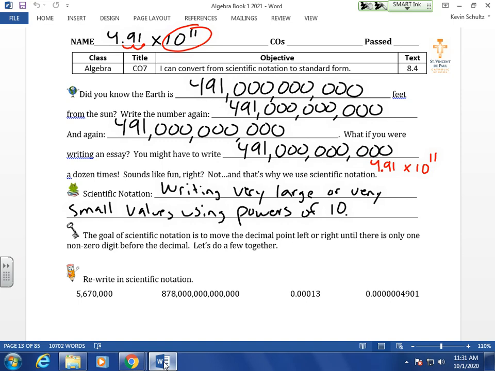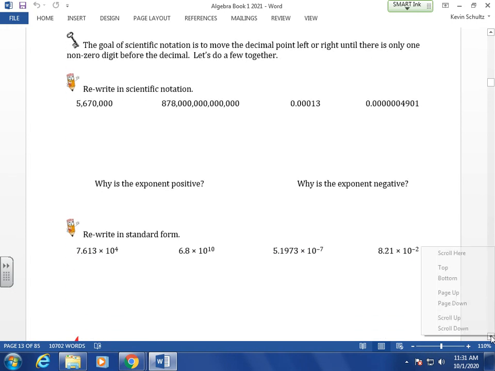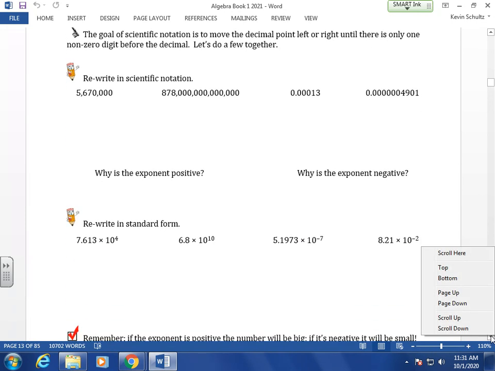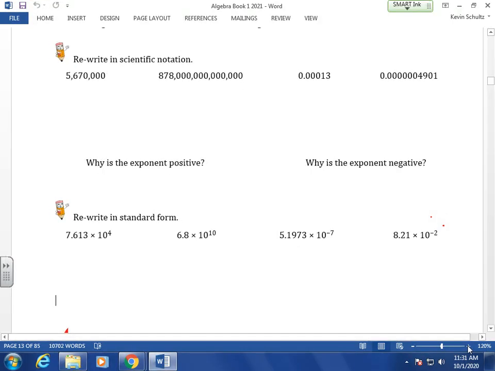So let's practice on some of the ones that we have listed here. It says rewrite in scientific notation 5,670,000.